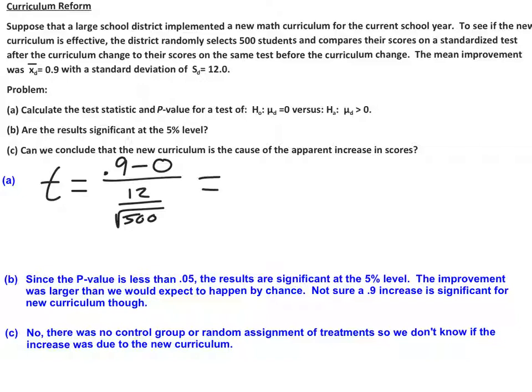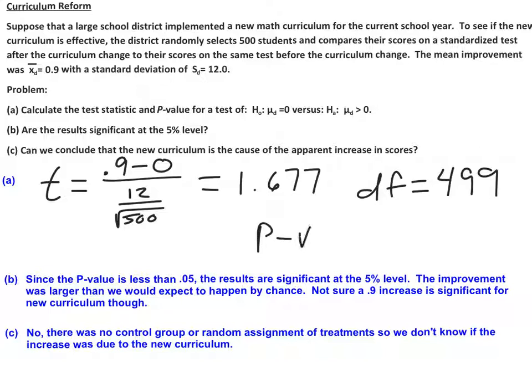Under the new curriculum, their average score was 0.9 of a point higher. This has 499 degrees of freedom. All this info can still be retrieved on the calculator.